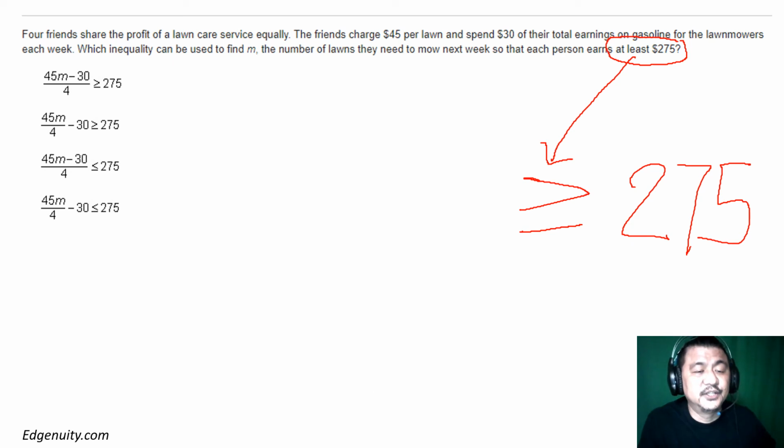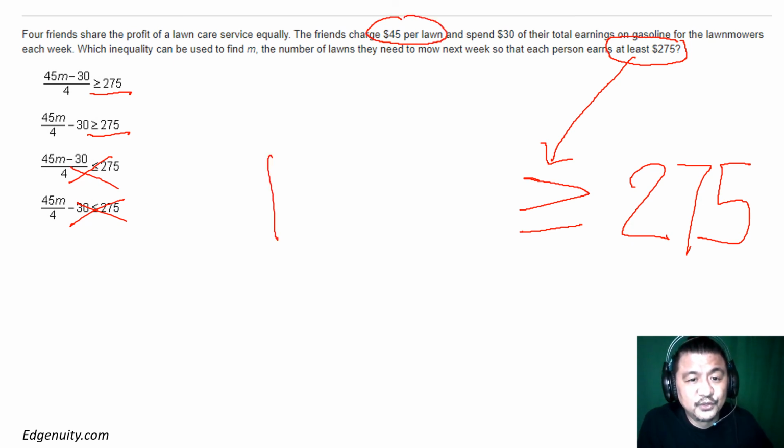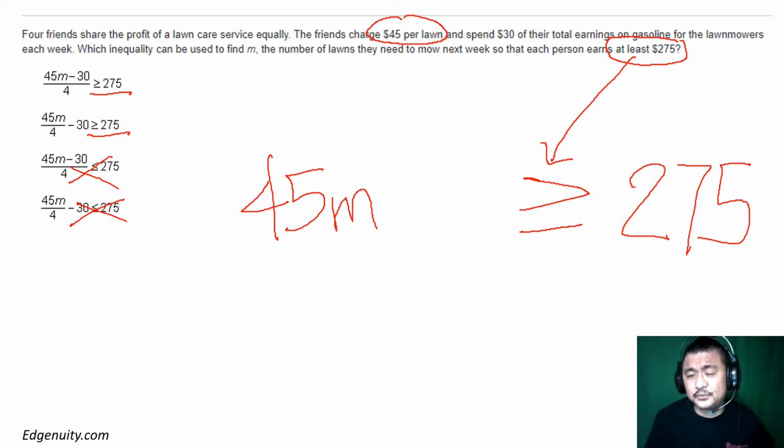So what are they earning? Oh, you can already see this could be the answer. So what do we know about the earnings? They earn $45 per lawn. So 45 per lawn. But do they need to pay something? Yeah, because profit would be taking away first all the expenses.